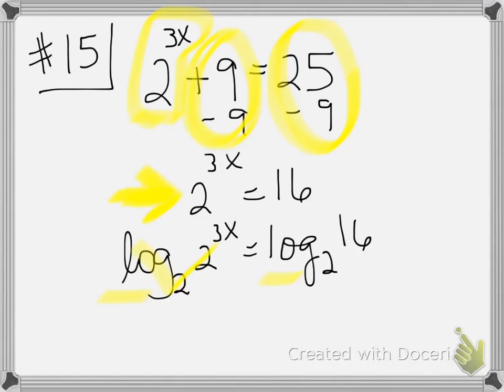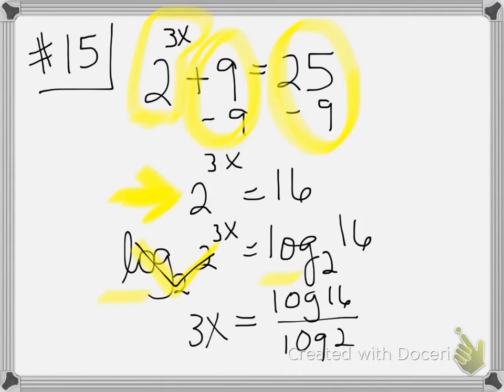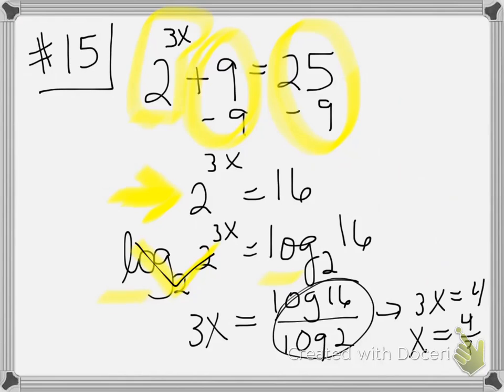The log base 2 of 2 cancels, leaves me with 3x. Log base 2 of 16 is log 16 divided by log 2. So 3x actually equals 4 when you do this in the calculator. Divide by 3 and x is going to be 4/3.